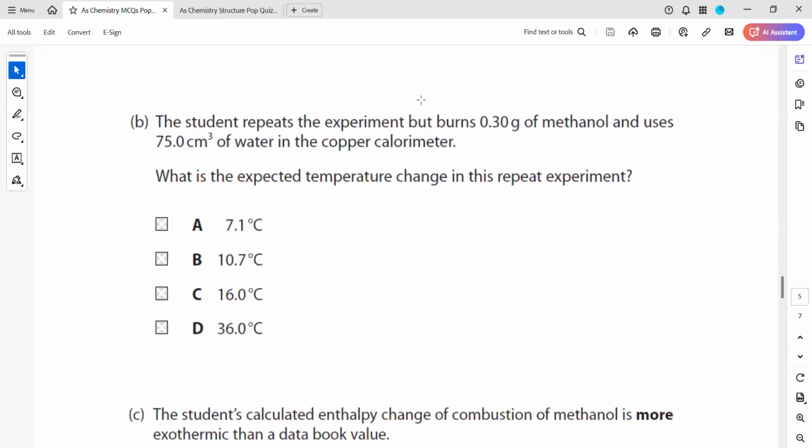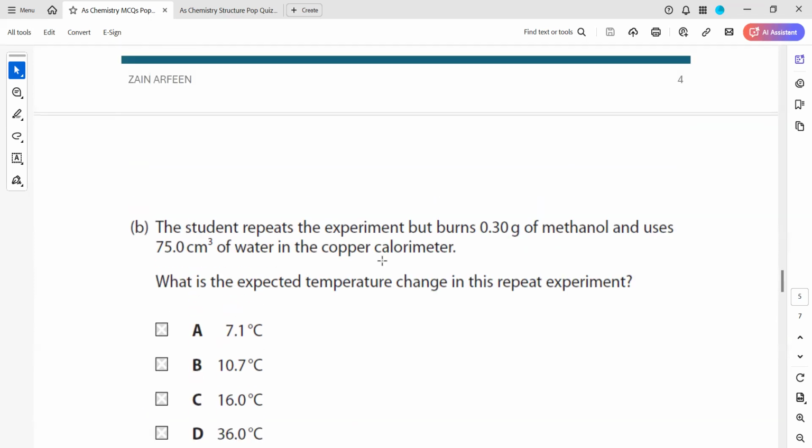The student repeats the experiment but burns 0.3 grams of methanol. The previous question uses 75 cm cube of water in a copper can. What is expected here? You need the temperature change.